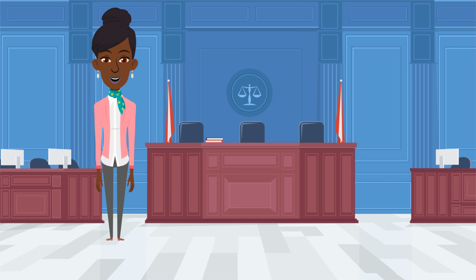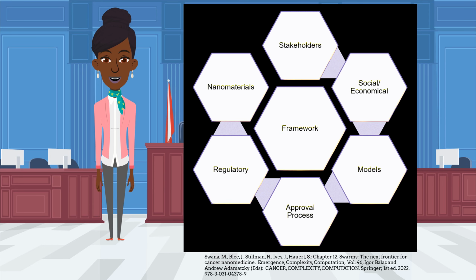To aid in clinical adoption of nanoswarms, a harmonized nanomedicine vocabulary is essential, and this is a prerequisite for an effective regulatory framework. We suggest for now that there are 6 central domains that need to be explored in order to draft guidance for regulation in this area. These are stakeholders, socioeconomical impacts, in silico, in vitro, and in vivo analysis, nanomaterials, legal, and approval processes.